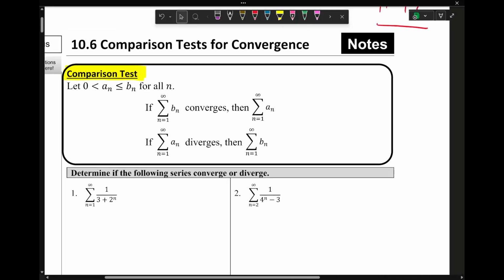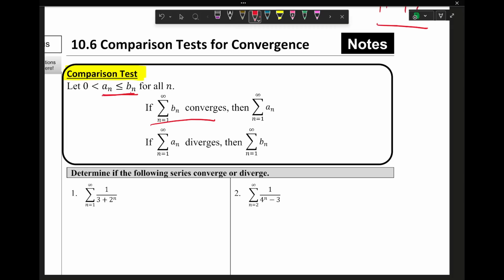So the comparison test, I think, is pretty intuitive because it says if a sub n, so a sub n is like this thing, the sequence. But if we compare it to another sequence that we're going to call b sub n, if b sub n is bigger than a sub n, and the series of b sub n converges, so think about that.